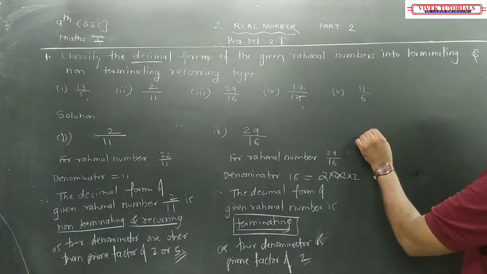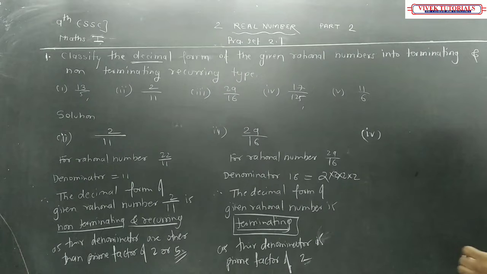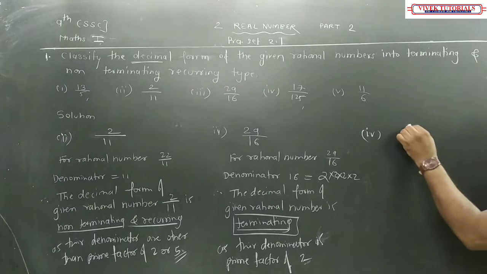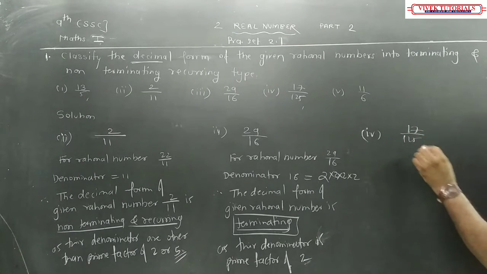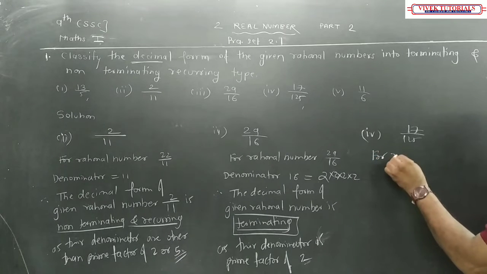I'll go for the fourth question also directly. What I can write? 17 upon 125 for a rational number.